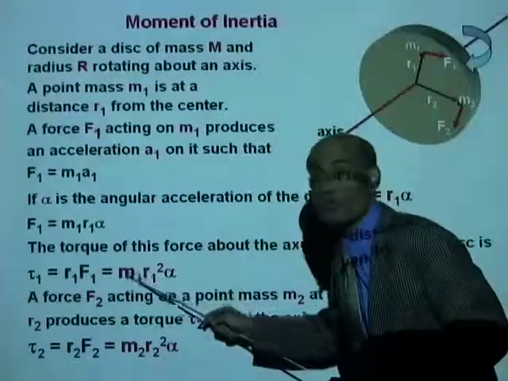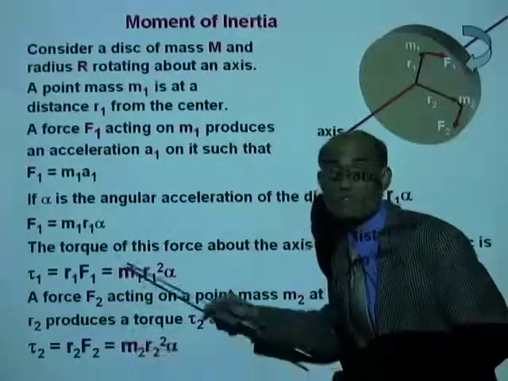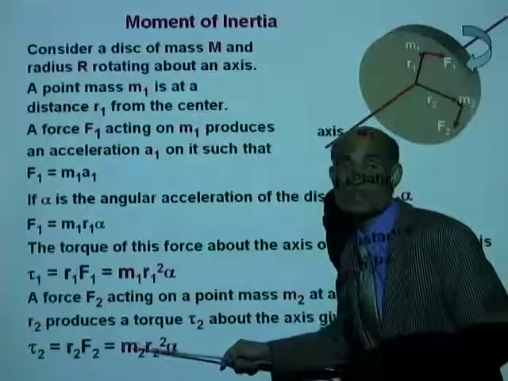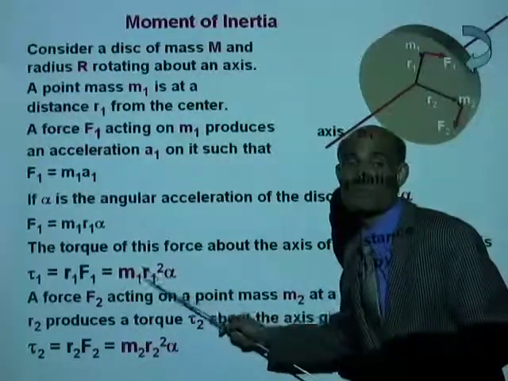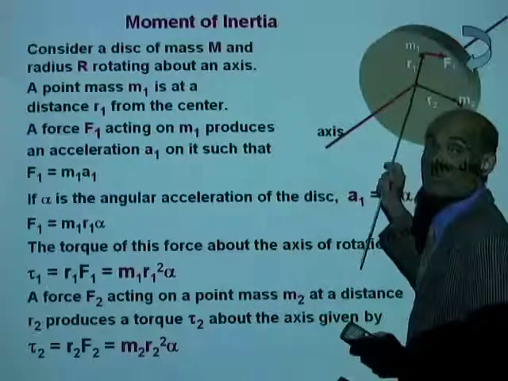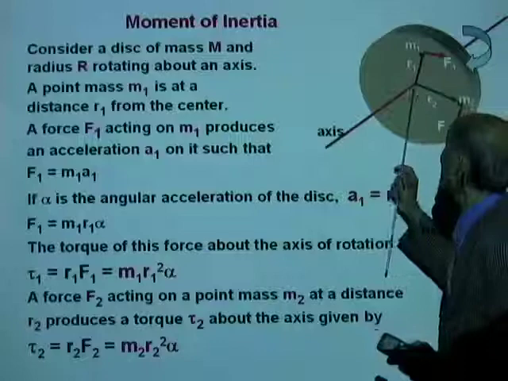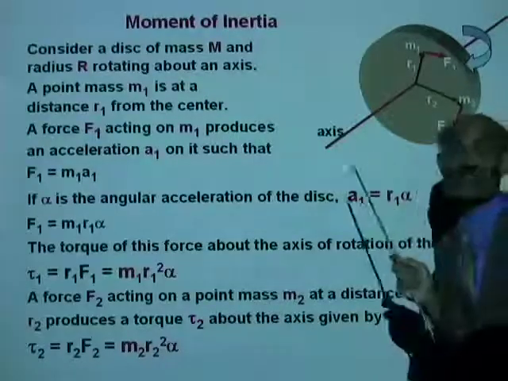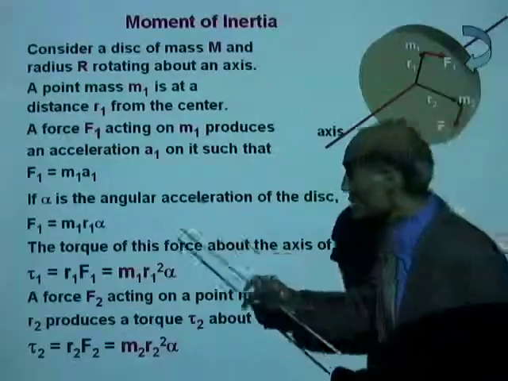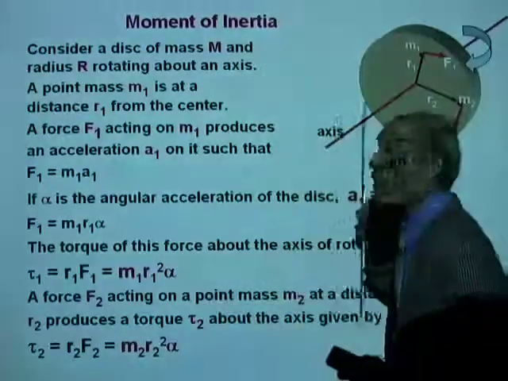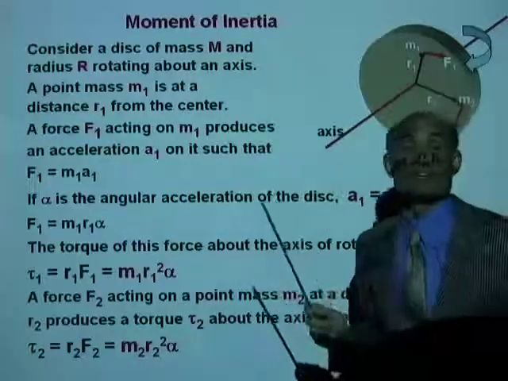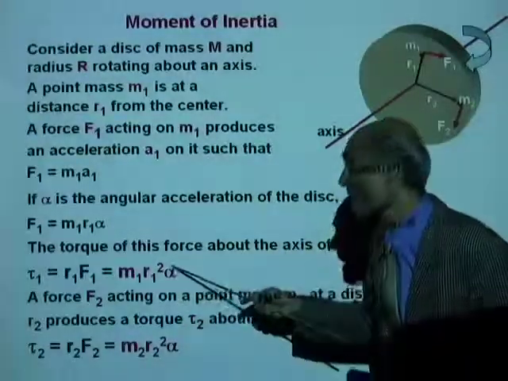So the mass of the particle may change. The mass of the first particle is m1, the mass of the second particle is m2. The first particle is at a distance r1 from the axis of rotation. The second particle is at a distance r2 from the axis of rotation. But the angular acceleration of any particle on the disk is all the same, namely alpha.